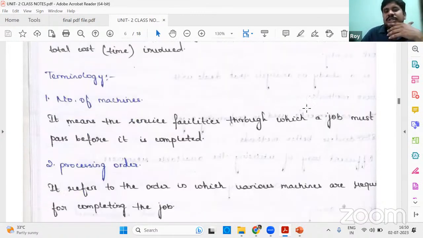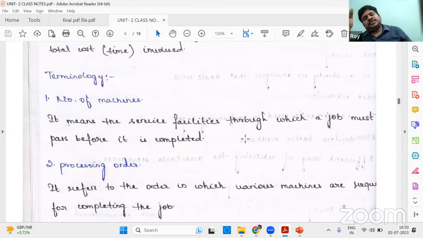One, number of machines, meaning where the service or the job takes place, through which it passes before it is completed. Let us say I'm making a juice bottle.